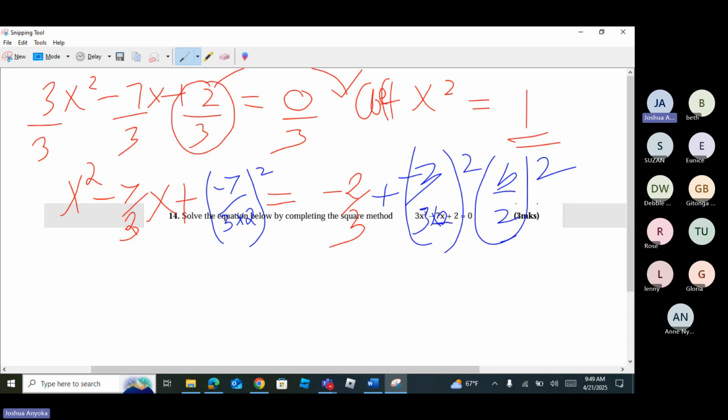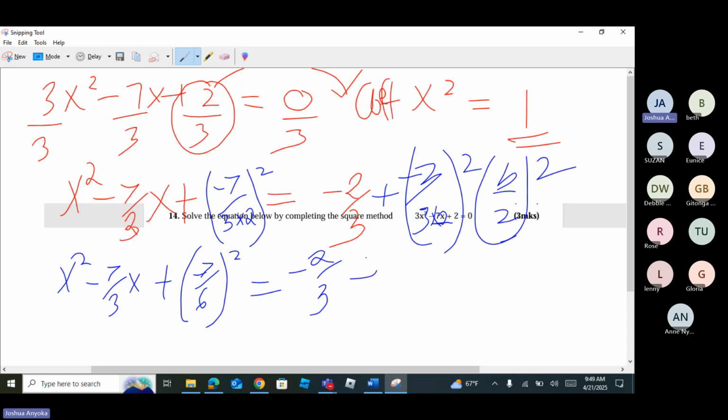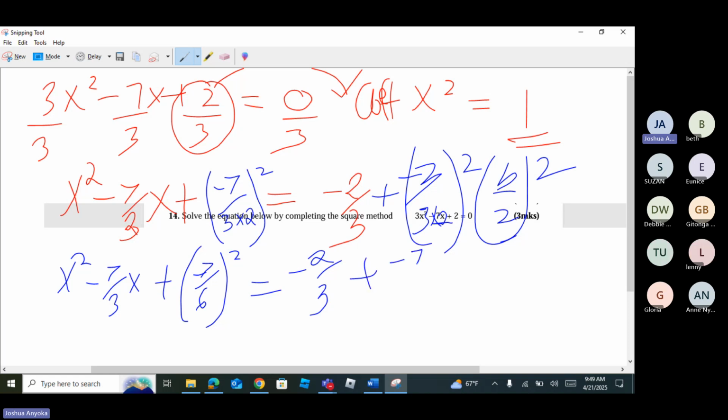Then we square. Then evaluate: x squared minus 7 over 3 x plus negative 7 over 6 squared equals minus 2 over 3 plus negative 7 over 6 squared.